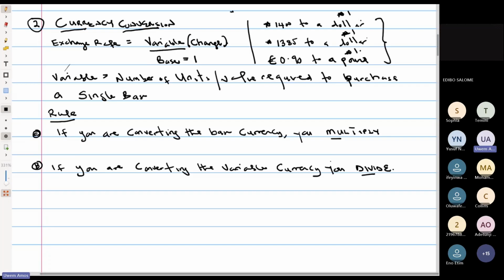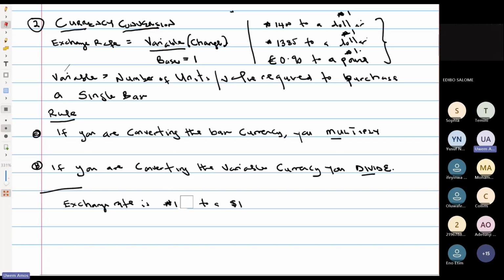Let's assume that you go to an FX dealer, and the FX dealer tells you that the exchange rate is, to keep it simple, 1,800 naira to, no, we don't go for 1.8. So let me reduce that to 1,000.